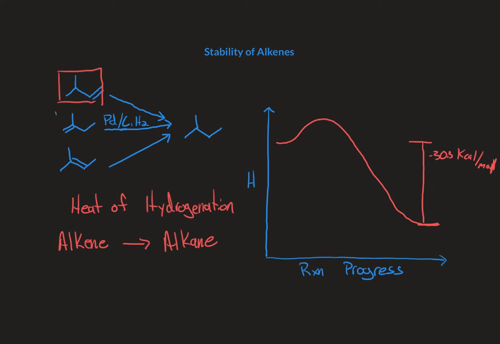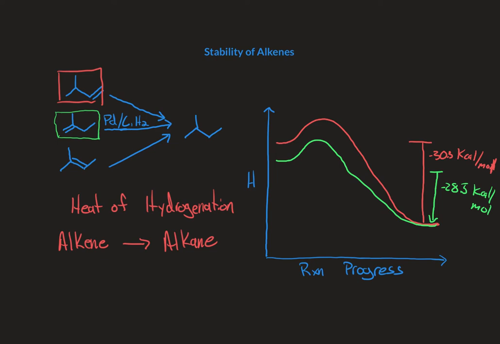If we look at this disubstituted alkene, and measure that delta H, that delta H ends up being minus 28.5 kcals per mole.